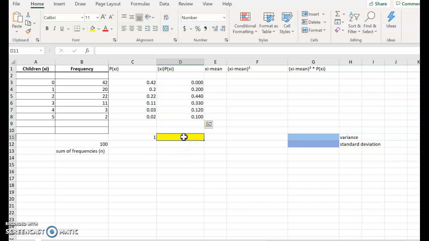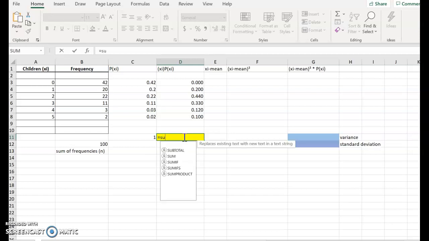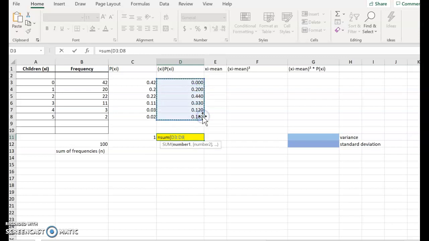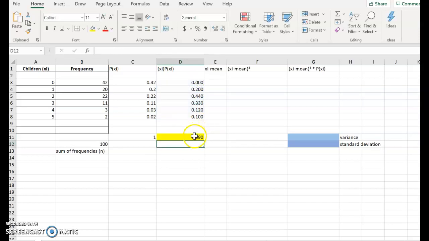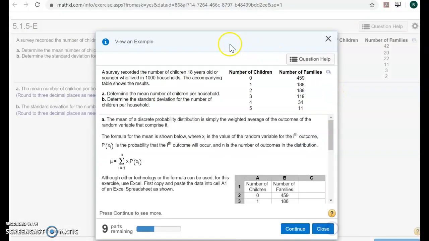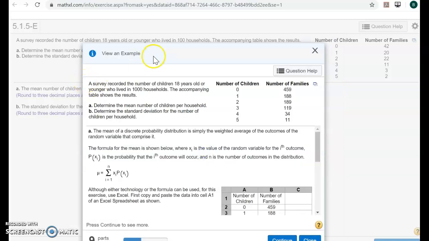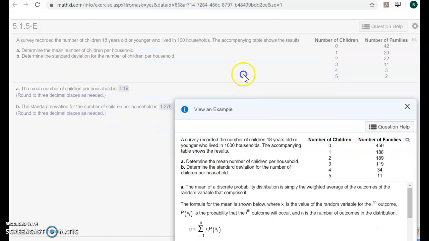This is where we're going to put the actual mean. So we do sum, parentheses, and highlight what we want to add up, and that is your mean. Your mean is 1.19, rounded to the third decimal place.